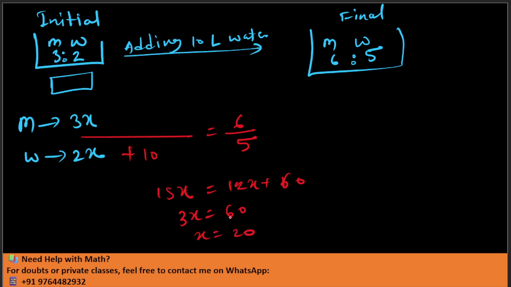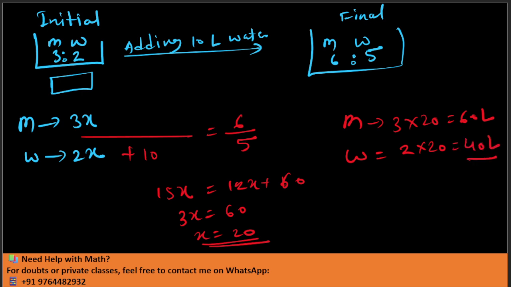By dividing 60 divided by 3, it is 20. All right, now if we are asked about milk or water, milk will be 3x, so 3 multiplied by 20, that is 60 liter. All right, water will be 2 multiplied by 20 and it is 40 liter.